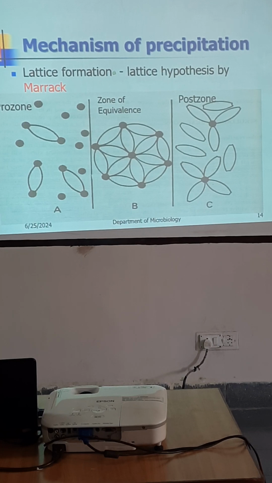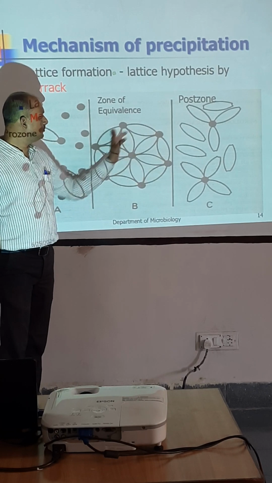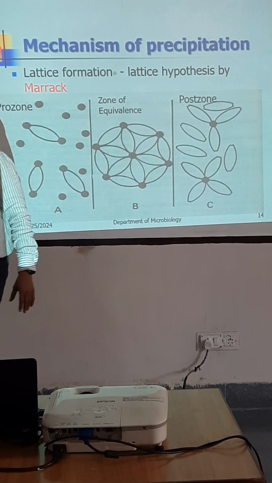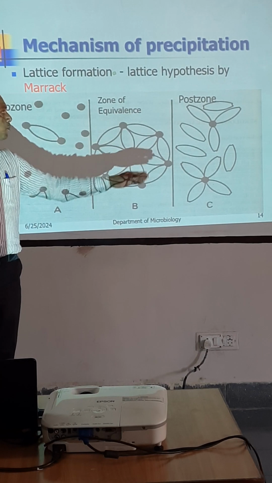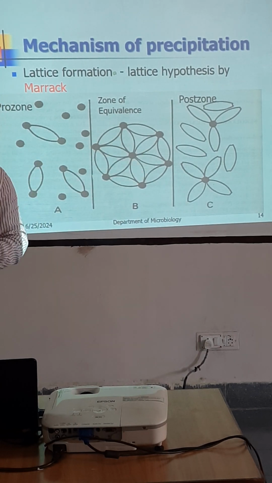Here there is an exact number of antibodies and an exact amount of antigen available, which is going to form this lattice. When the lattice is formed, the test can be read properly and show the results properly, and there is no prozone, which is antigen excess, or postzone, which is antibody excess.